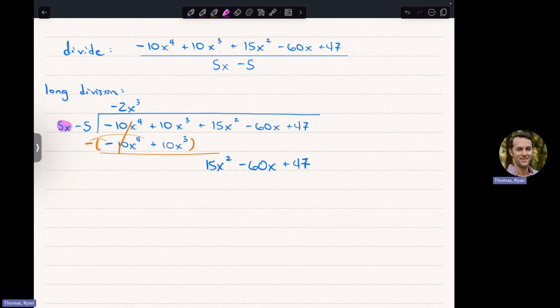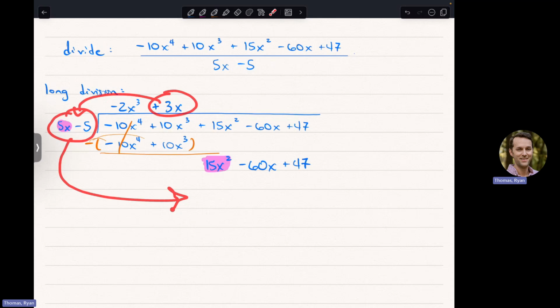So now we basically do it again: compare the leading term of the divisor to the leading term of what's left of the dividend. And then again, we want to match it exactly. So 5 into 15, 3 times, x into x squared, x times. Multiply this times this, and copy it down here.